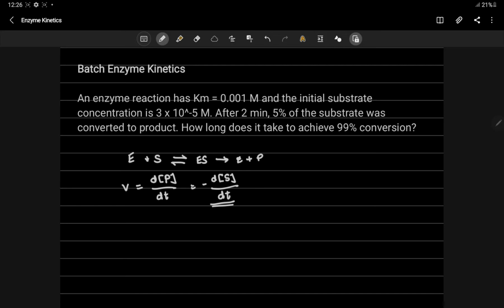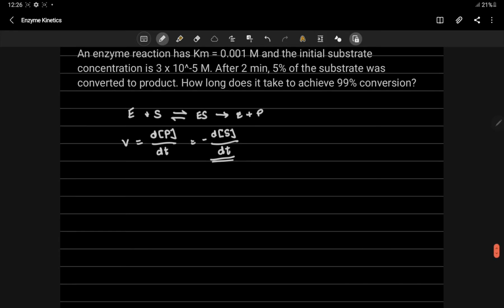and we can do that. So let me rewrite it here. Minus dS/dt. Di ba siya yung V or rate of reaction?